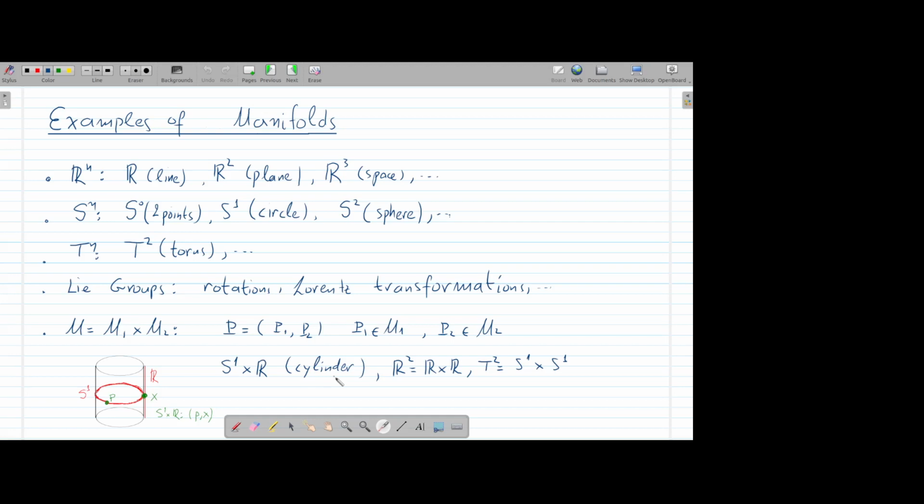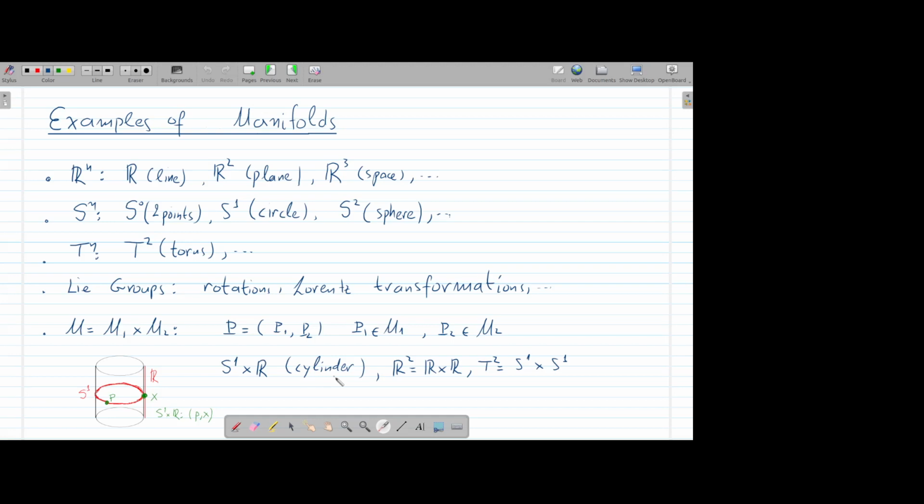Some very simple examples of manifolds can be briefly mentioned here. First, by definition of the manifold, all the Rn spaces are manifolds because they are globally equivalent to themselves. So R1, which is the straight line, R2, which is the plane, R3, which is the space, etc., are all differentiable manifolds.